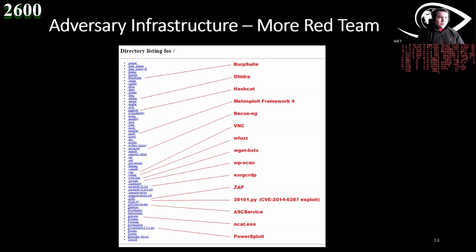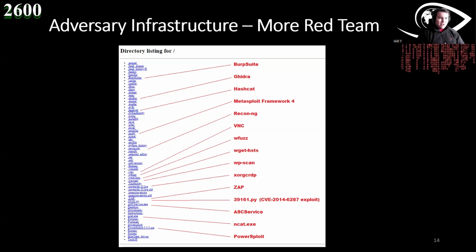Another example of this was you can find threat actors using Burp Suite, Ghidra, Hashcat. This was very much like some sort of server or location that the adversary used to upload their tools and let others download them or use them for any sort of campaign. Because Burp Suite, Ghidra, and Hashcat, or Ghidra and Hashcat particularly, are more like offline tools.